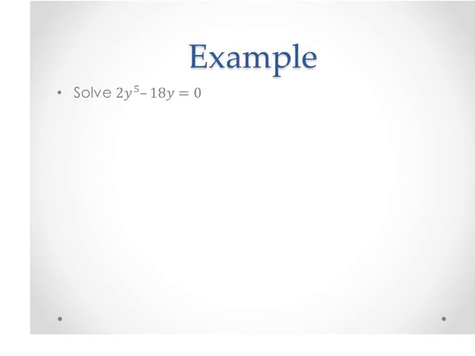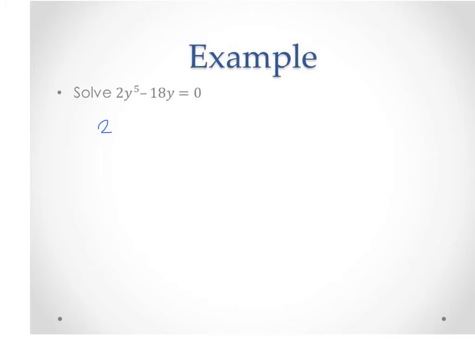Okay, so solving. Remember that when we solve by factoring, we use what's called the zero product property, which means that we factor it completely and set each factor equal to 0. So you need to factor this. So I would start out by recognizing that they share a 2y.